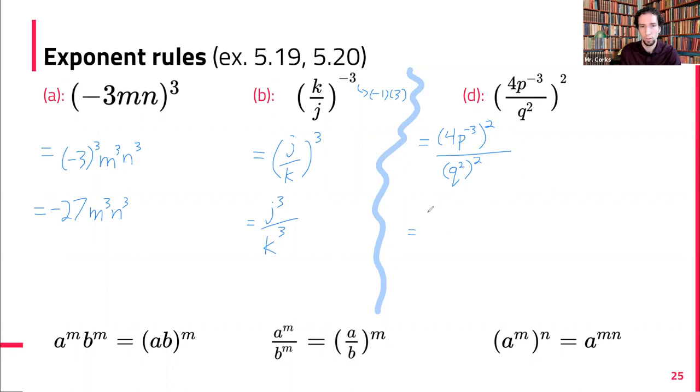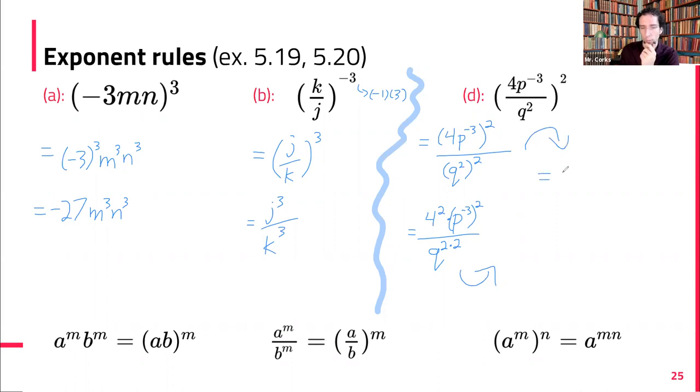Here, this would be 4 squared times p to the exponent -3, and all of that would then be squared. So bringing our exponent from the outside inside each of the parts there, and then all of that over on the bottom, bring in our exponent, 2 times 2 here.